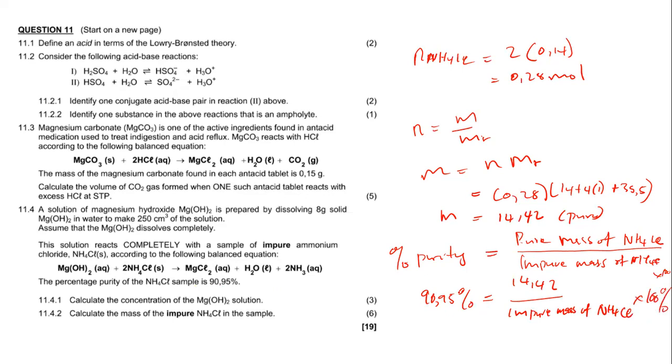We divide both sides by 100%, and here we get 0.9095, and here 14.42 divided by the impure mass, I'm just saying MP, mass of NH4Cl. And therefore we cross multiply. Let me write here, I don't have space.